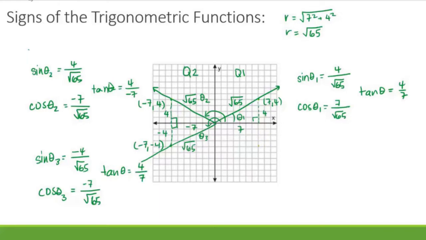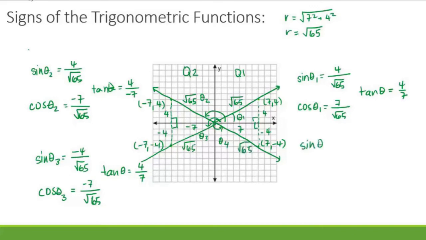And finally, we'll draw an angle where the terminal side runs through the point (7, -4). So this gives us a quadrant 4 angle. I'll call that one theta 4. Here's our right angle triangle. It has an x value of 7, a y value of -4, and of course an r value of the square root of 65.